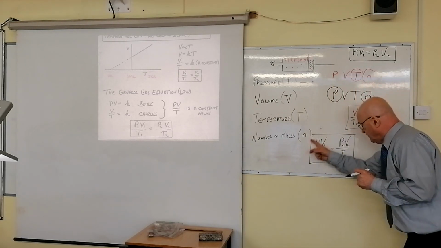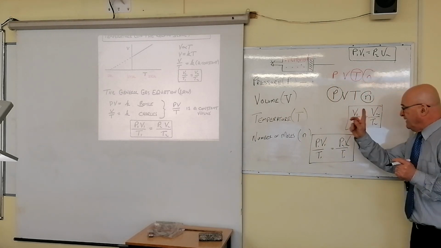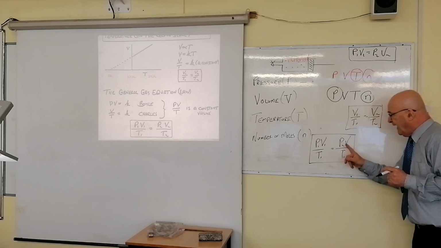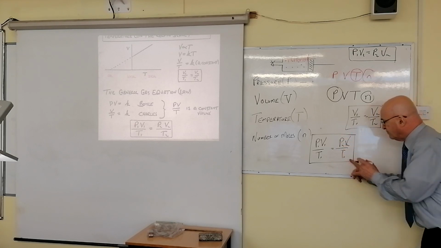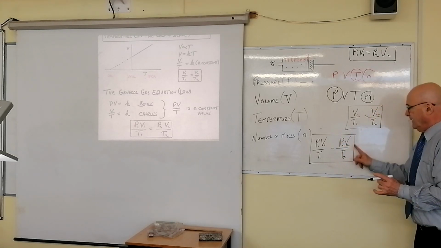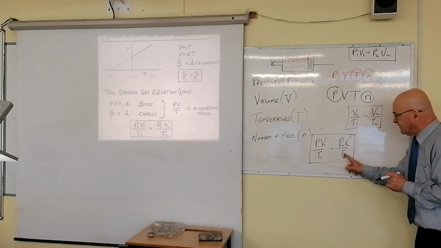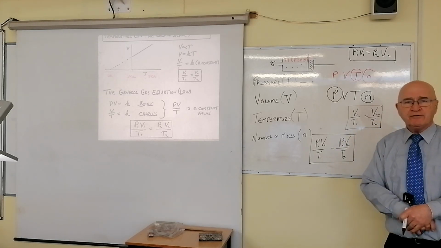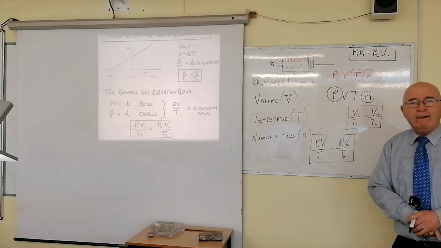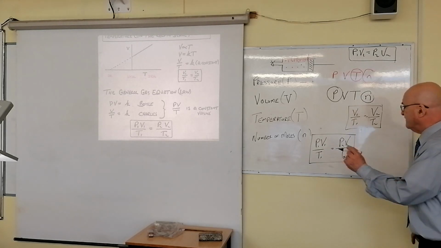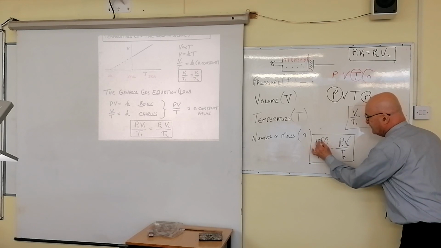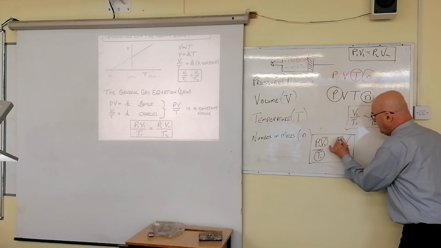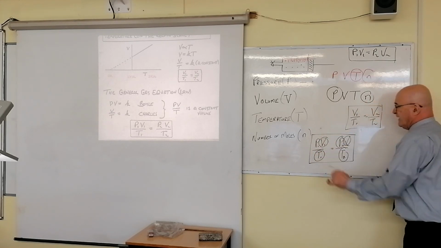And this is the general gas equation then. If they gave you the volume of a gas at a stated pressure and a stated temperature, you could get the volume at a different pressure or a different temperature. And that's very important. So simply, you'd put your units in there for that, and that, and you could get the new pressure.